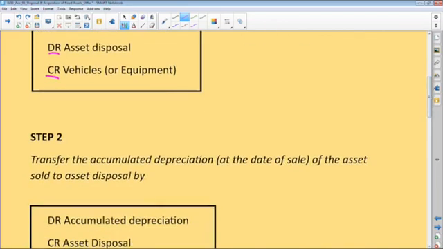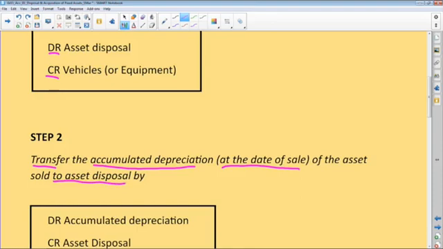Right, step 2, guys. You're now going to transfer the accumulated depreciation, very, very important, at the date of sale. In total, what is your accumulated depreciation at the date of sale of the asset that is being sold, also to this account called asset disposal?